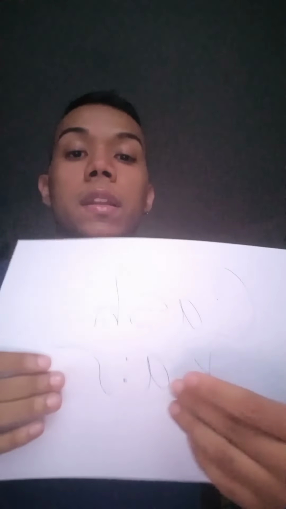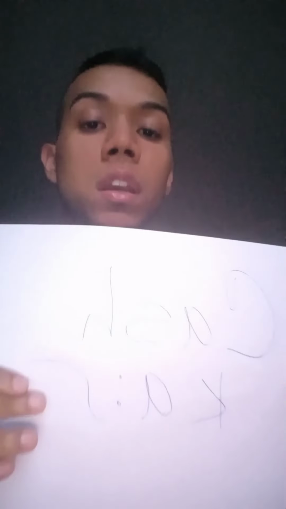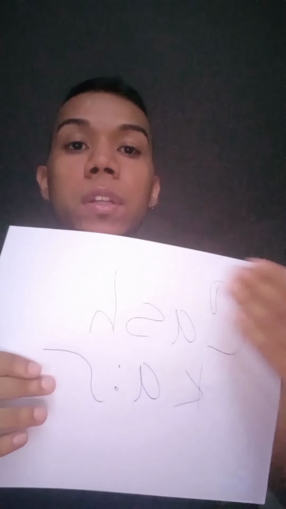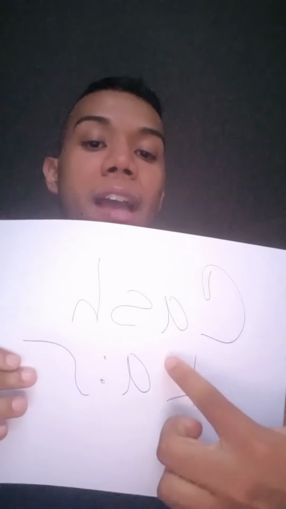So the last example to explain this topic is the word cash. Cash is like money. If we have extra money, we have extra cash. It's another word. So we have cash.